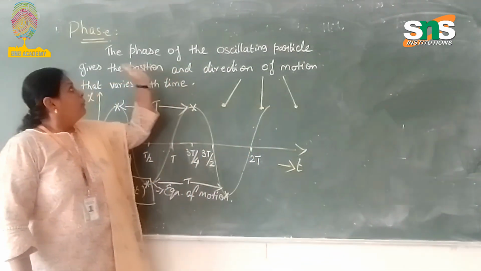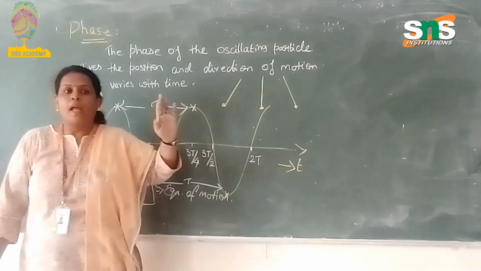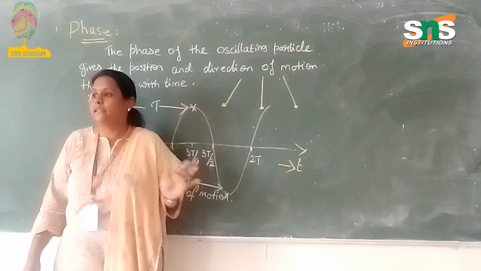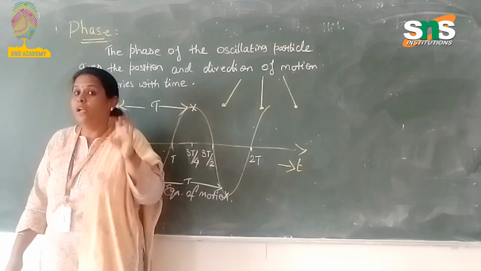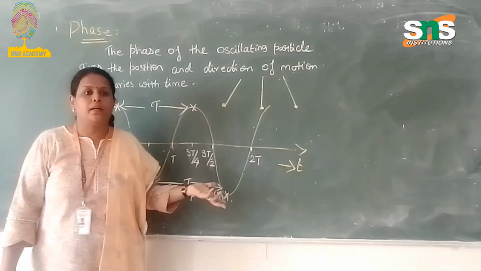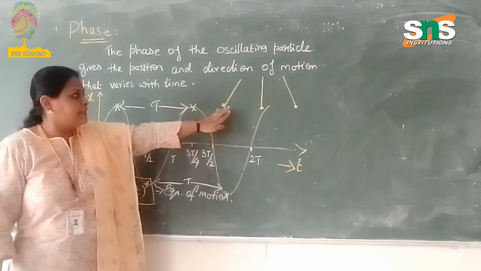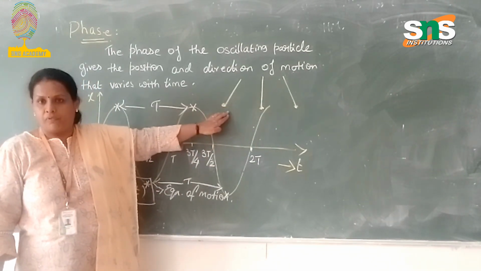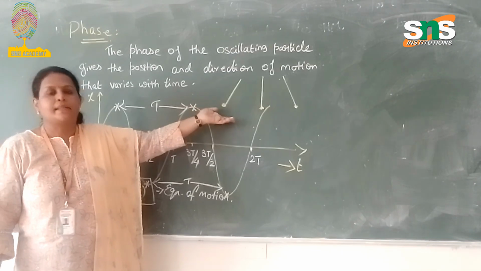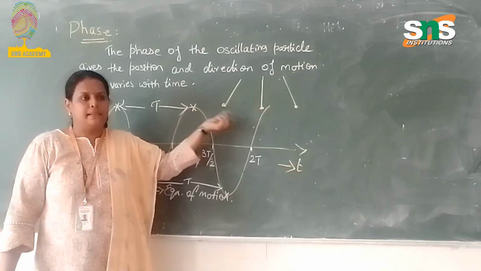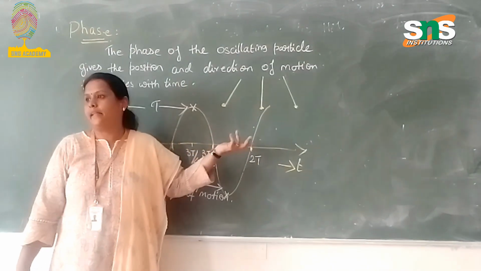Phase describes at which situation the particle is there now. If I give this answer for this phase, you can understand at which phase the metallic sphere is now while it is oscillating.